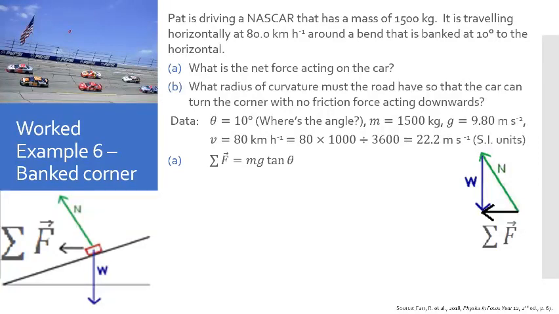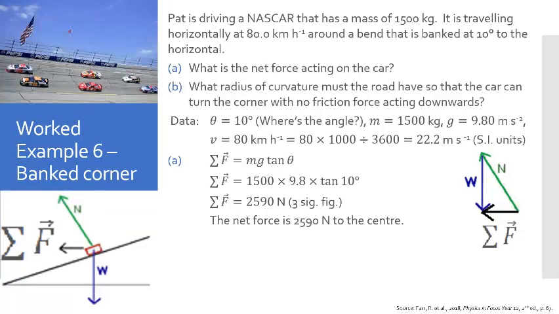And you should be able to see how this first line comes from basic trigonometry. And then we substitute 1,500 times 9.8 times tan 10 degrees. And we find that the sum of the forces, the resultant force towards the center, is 2,590 newtons, correct to 3 significant figures.